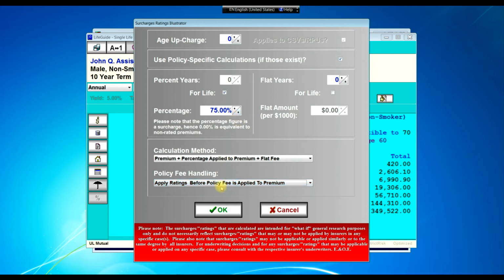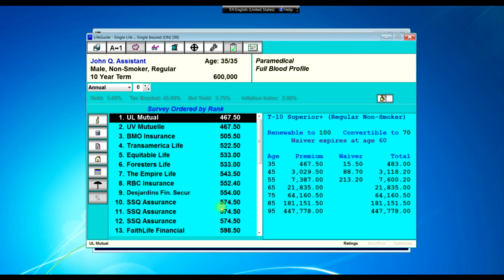So we'll do that. Let's take a look at this example now with a 75% rating applied, i.e. table 3 or table C. And here we are. Okay. Let's go back.